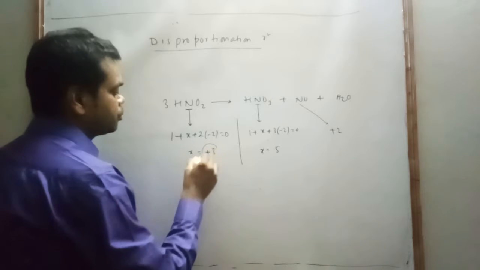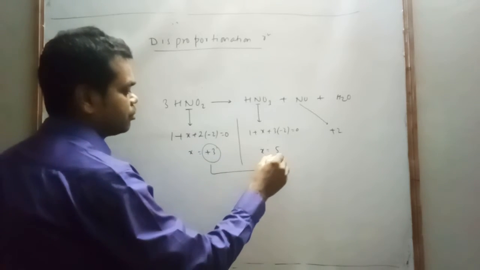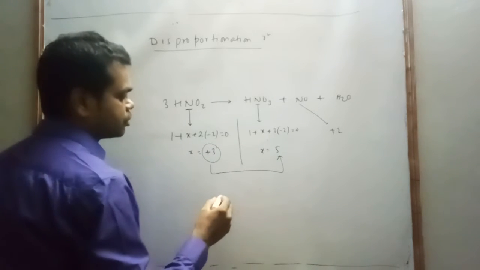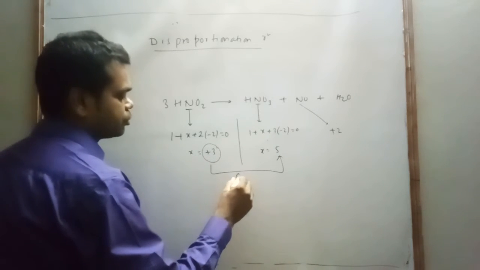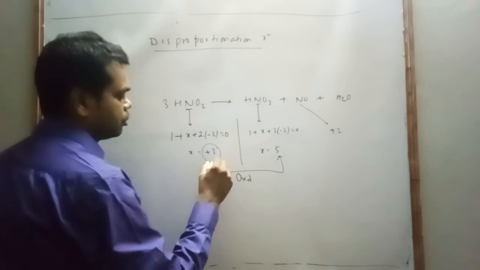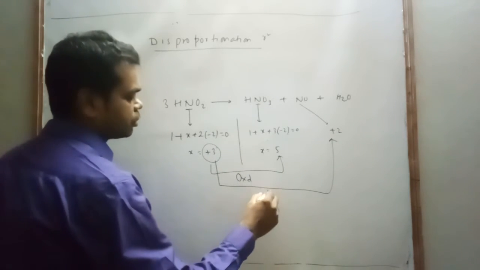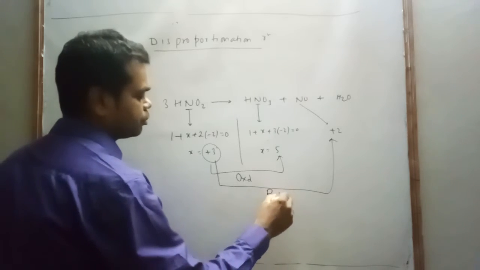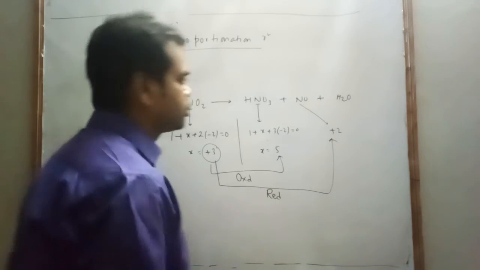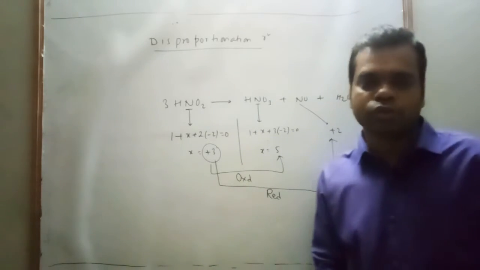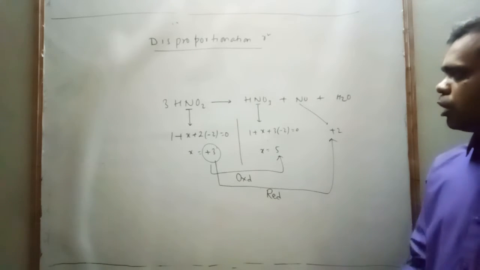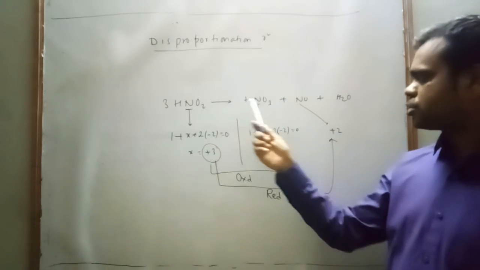Now from this +3 to +5, it goes towards the right side of the number line, so it is your oxidation. From this +3 to +2, it goes to the left side of the number line, this is your reduction. So this is another example of a disproportionation reaction, where we have nitrous acid and nitric acid.